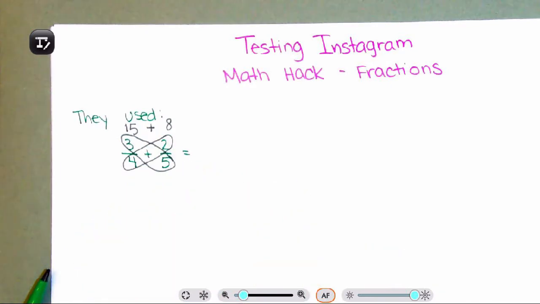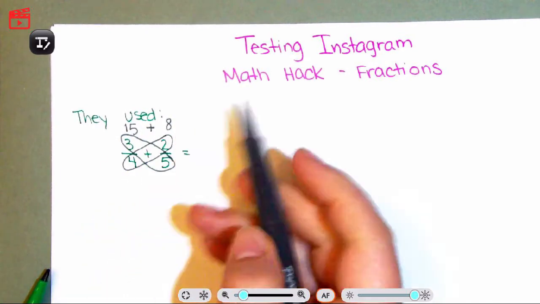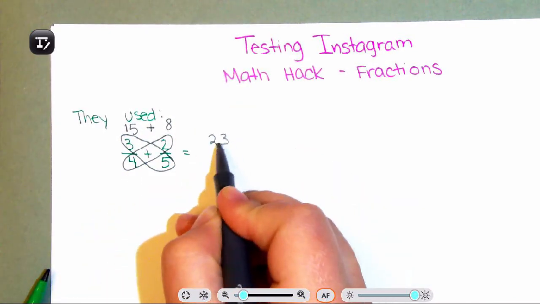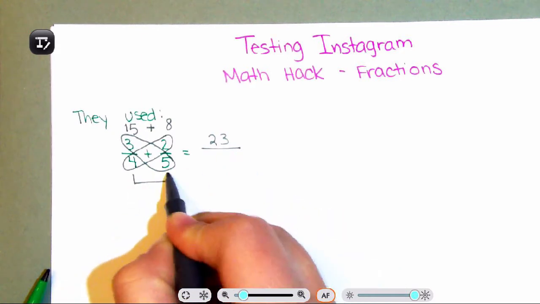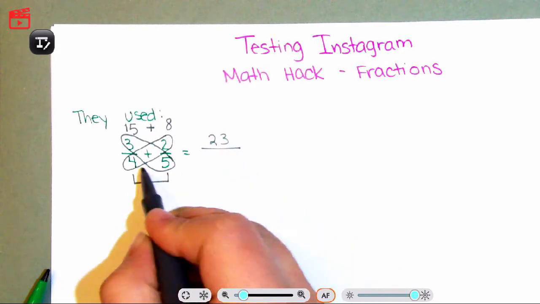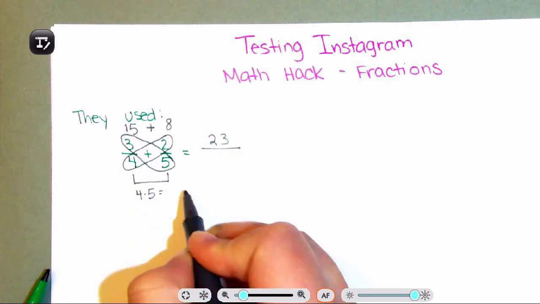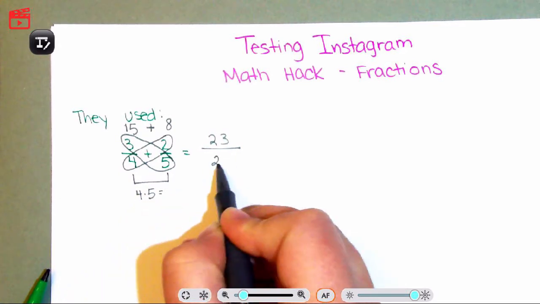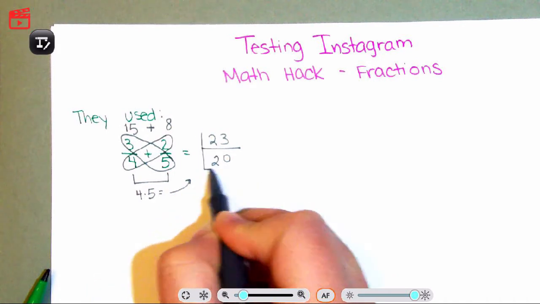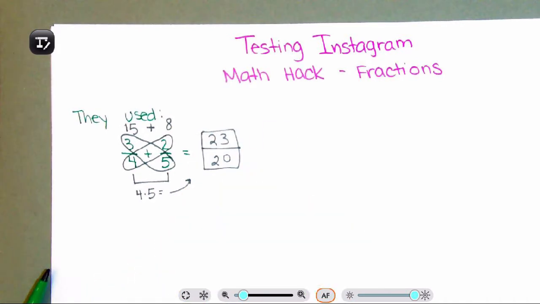They added those two numbers together, so 15 plus 8 is 23. That became your new numerator, and then they multiplied our denominators together, which is 4 times 5, and that is 20. And that worked. We did 3 different examples, not including this one, in our previous video, but all of them were additions. So I want to try this out with subtraction.